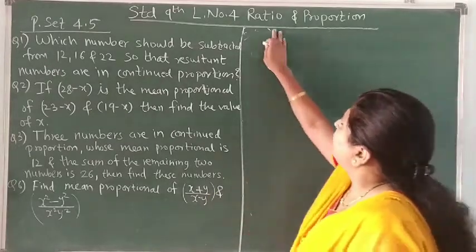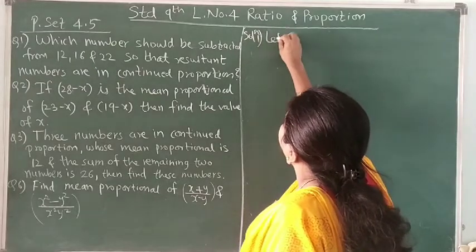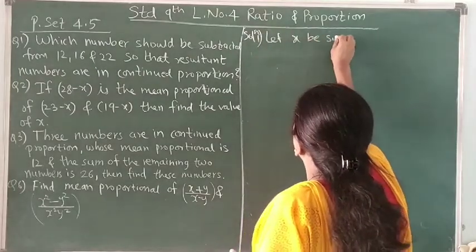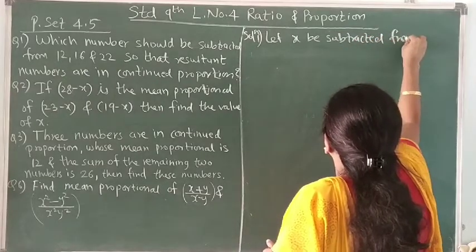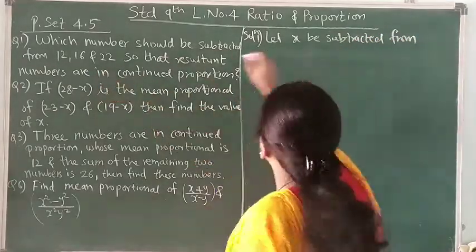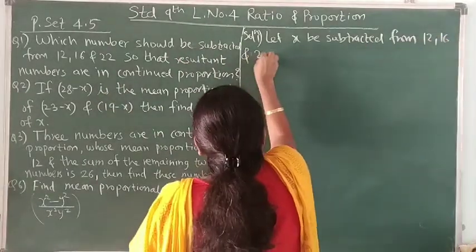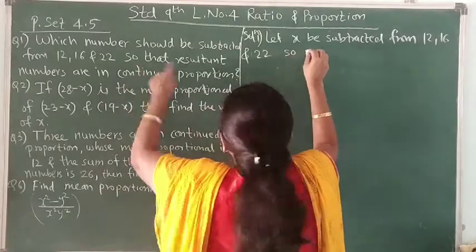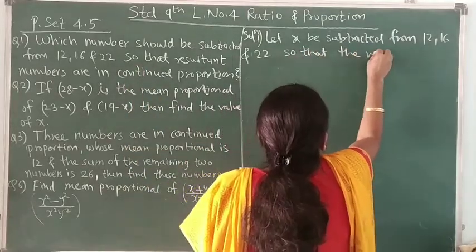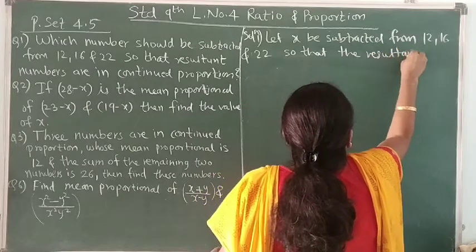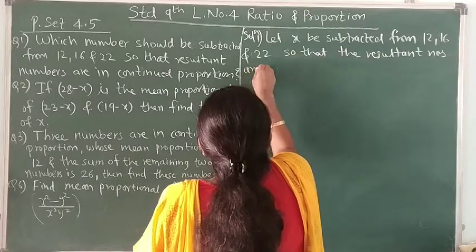So first we will write here the solution of 1. Let x be subtracted from the given three numbers 12, 16 and 22, so that the resultant numbers are in continued proportion.